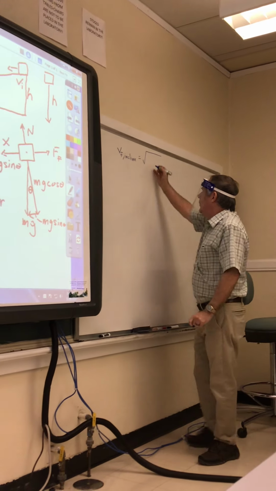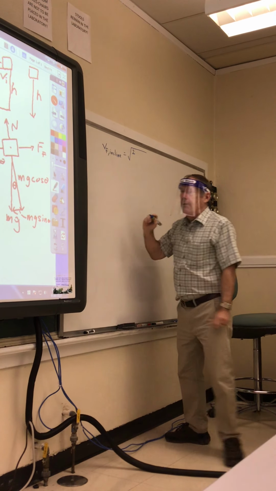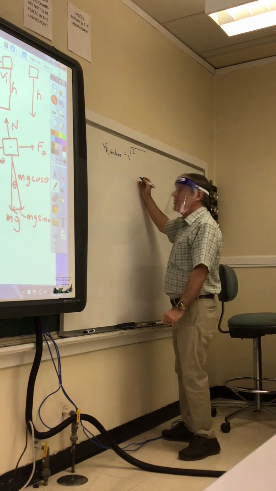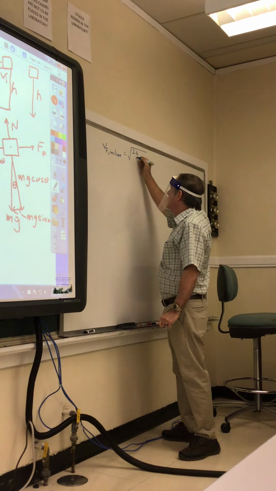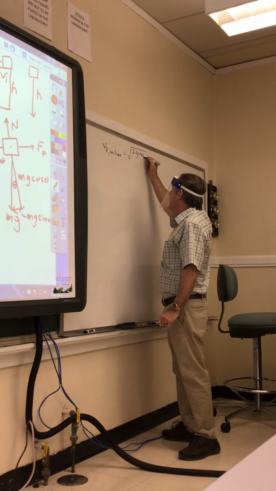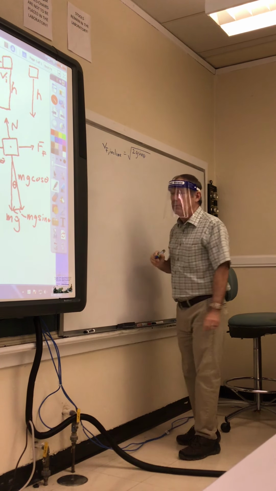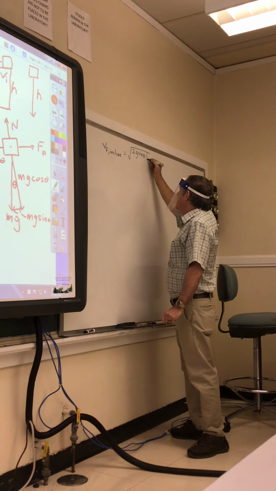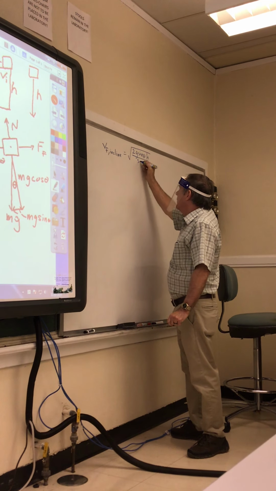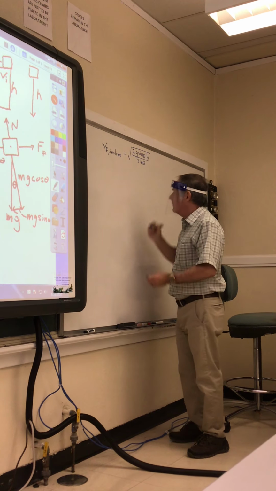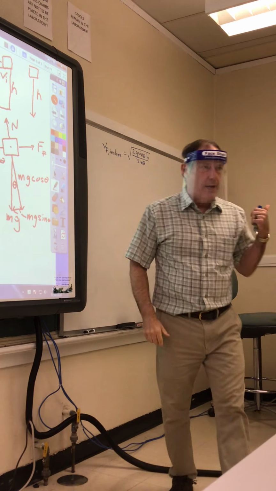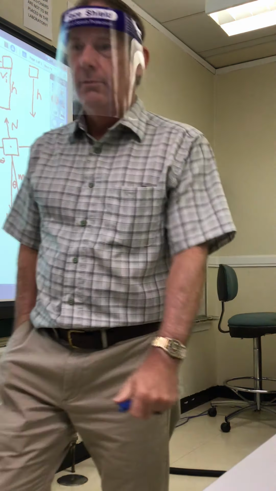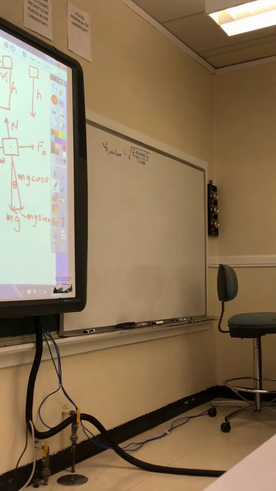So I got 2, and A is G sine theta. And then R is H over sine theta, H over sine theta. We'll agree. Does that look reasonable? You okay with that? Sort of, kind of.